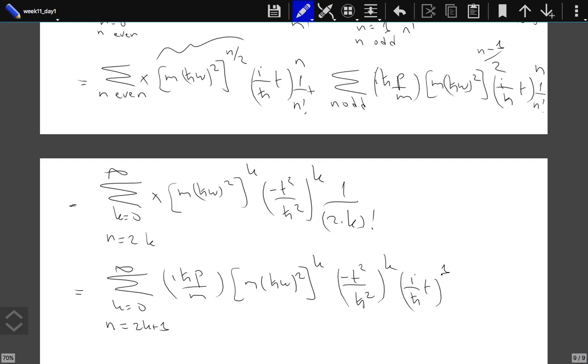You see, I have i over h bar t to the power n, and n is just 2k plus 1. The 2k part gives minus t squared over h bar squared to the power k, and that 1 is i over h bar t. And then 1 over n factorial. The last factorial should be 2k plus 1.